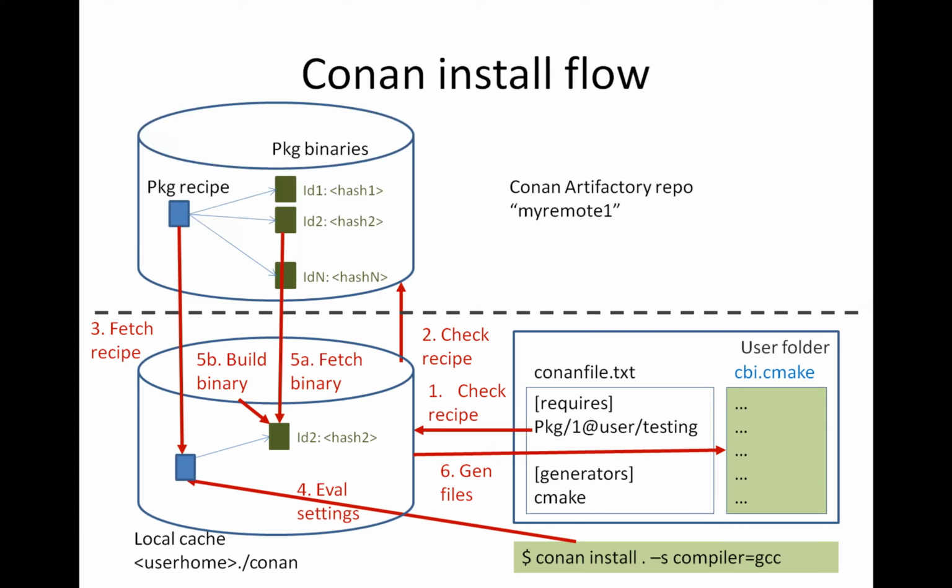In case that we are using the CMake generator, it will generate a conanbuildinfo.cmake file with all the variables, in CMake syntax, that the user requires to link against this package, because this package will typically live in the local cache. So the paths to the binaries will be variables in the .cmake file, and this is the way that the consumer can easily consume packages and know the package libraries and everything.